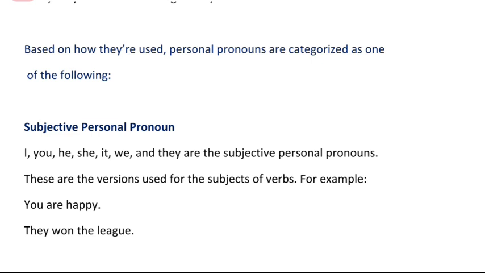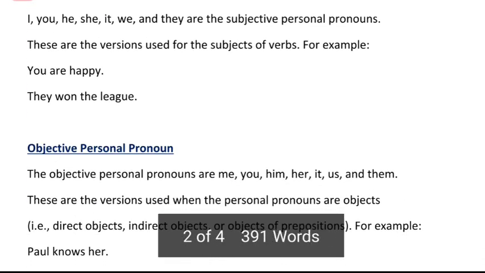These are the versions used for the subjects of verbs. For example, you are happy, they won the league. In both the sentences, you and they are the personal pronouns and they are used for the subjects of the verbs, and that is why they are considered subjective personal pronouns.